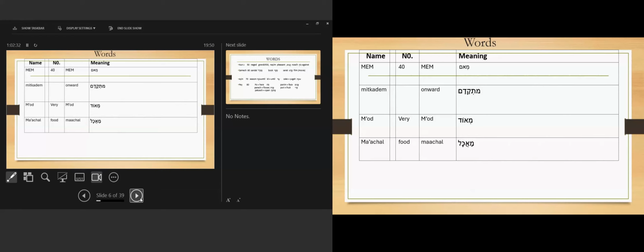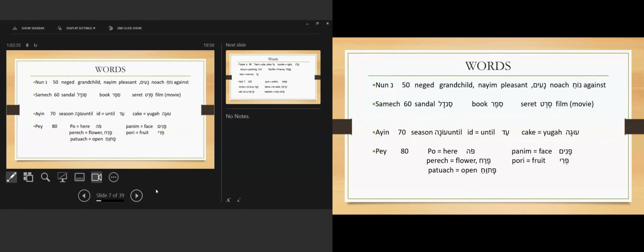Telephone is telephone. T, L, O, N. Telephone. It's very similar to the English word again, as we had before. The Hebrew word is very similar because it's borrowed from the English.